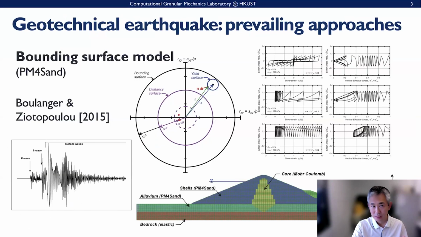Okay. And also in earthquake situations, normally we need to assume a complicated bounding surface model to capture the cyclic behavior of the soil under dynamic load, and the model itself is so complicated that you need a long time to understand it in the first place before you can implement it for that purpose.